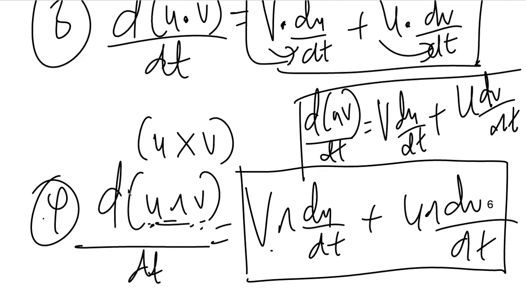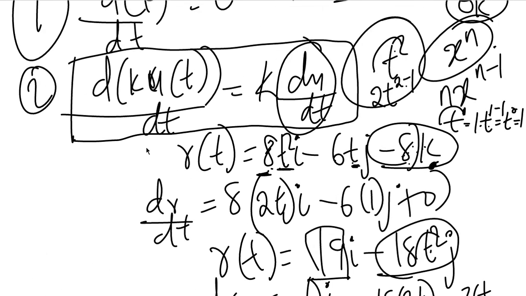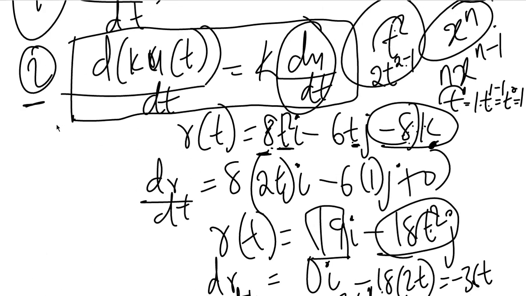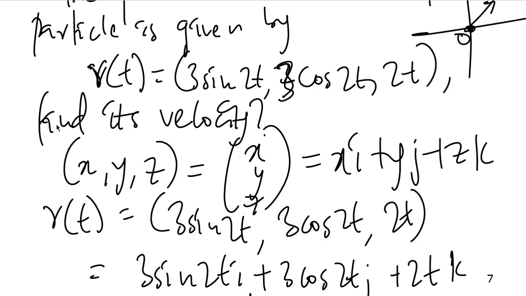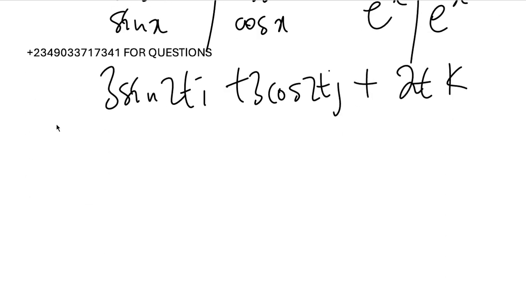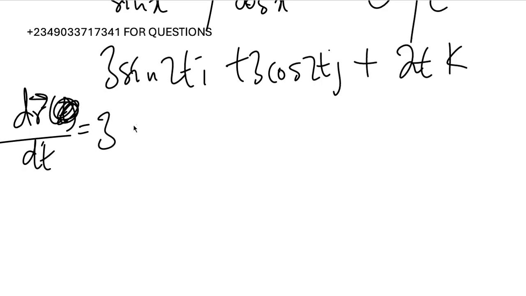I said that if you have d(ku)/dt, we take out the constant k and differentiate u. So in the case of 3 sin 2t i, the dr/dt, which corresponds to the velocity vector, we are going to take out 3 and then get the derivative of what?